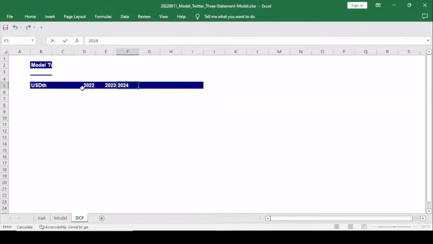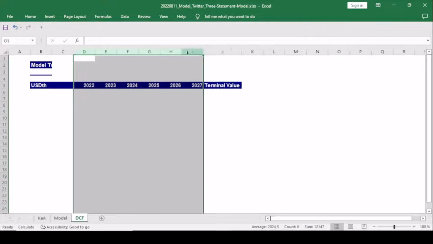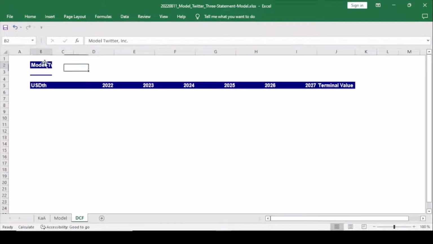We directly plug in the forecast period, as we do not need the historic values for our DCF valuation. In addition, we add the terminal value, which is an important factor, as you will see in a minute.